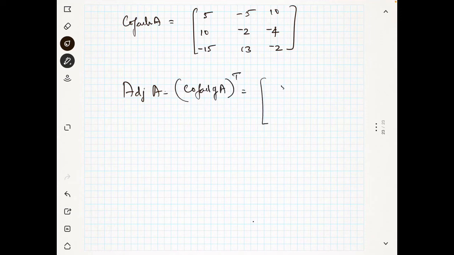That means I have the matrix 5 minus 5, 10; 10 minus 2 minus 4; minus 15, 13 minus 2. I will take the transpose.